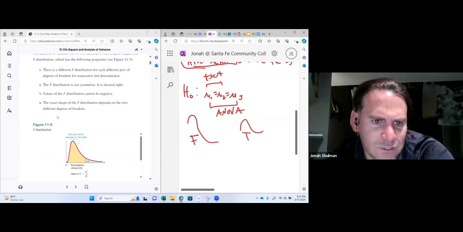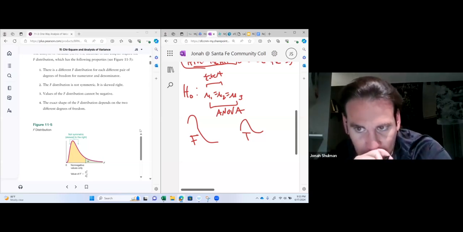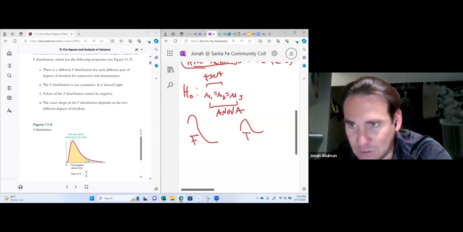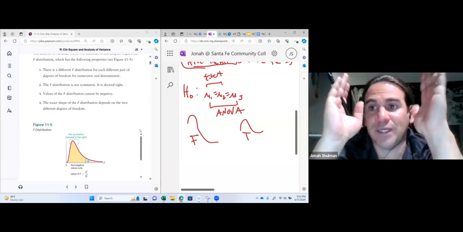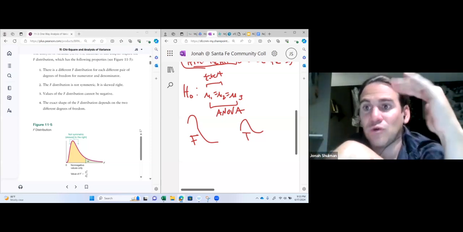It depends on two different degrees of freedom. Why do we have two different degrees of freedom? Because we've got three groups. One is the between groups, and one is the within groups. So you have a degrees of freedom between, so your number of groups, then you have within, like your total number of people.